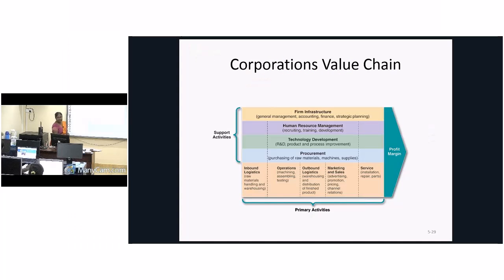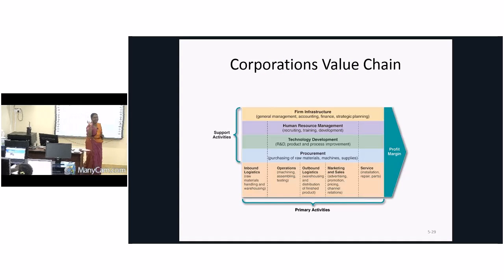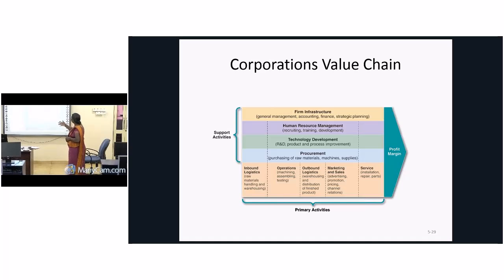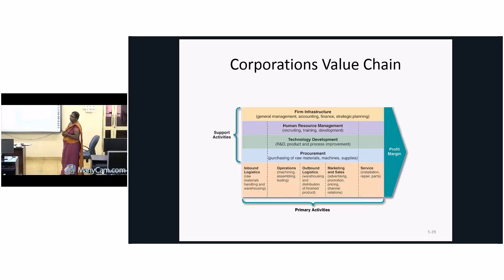So this is a corporation's value chain. This value chain has been formulated based on the typical value chain I showed in the previous slide, right?